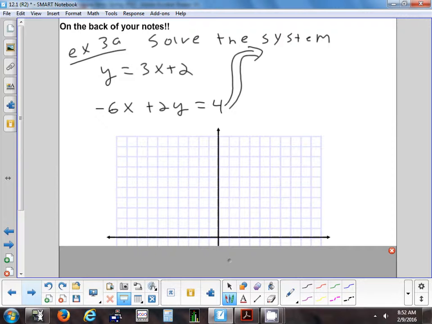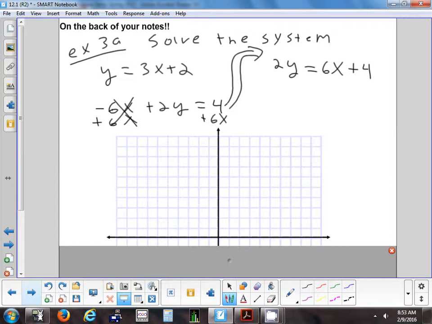What's the first thing you'd move to the other side? So how would you move a negative 6x? You'd add it. Good. Okay, just like we said before, always keep the number with x in front. So I've got 2y. I'm going to have a positive 6x and a positive 4.